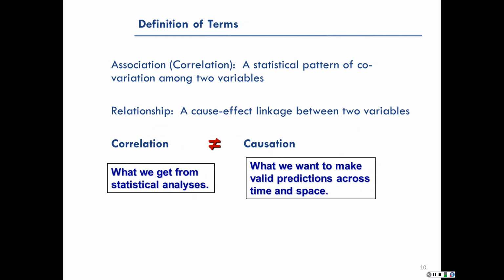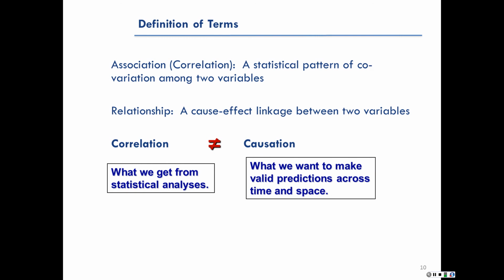Okay, so let's define some key terms now. An association, which here we're focusing on as correlation, is a statistical pattern of covariation among two variables. So there's just covariation. A relationship we would define as a cause-effect linkage between two variables.